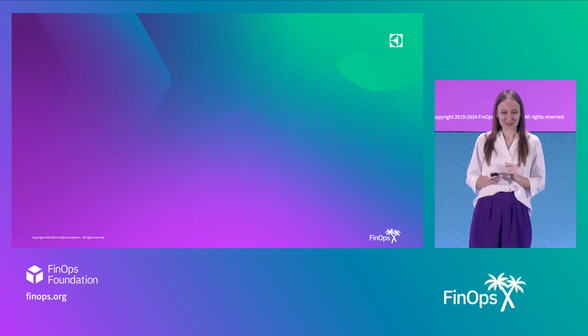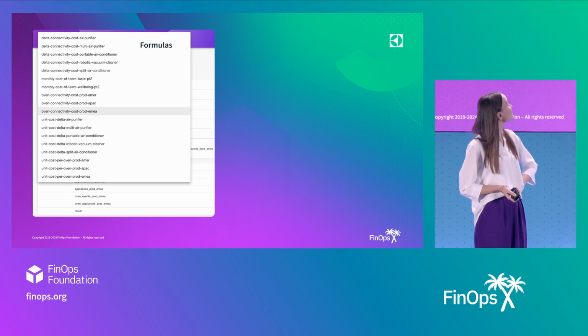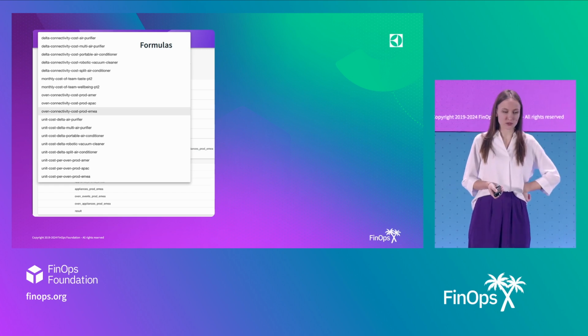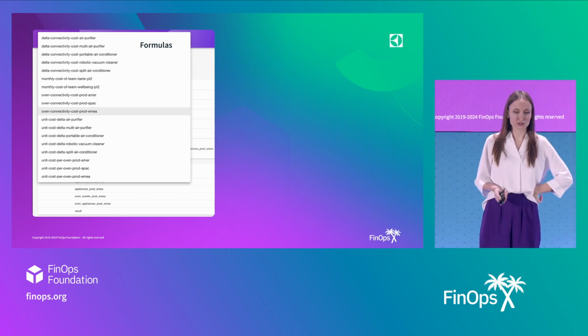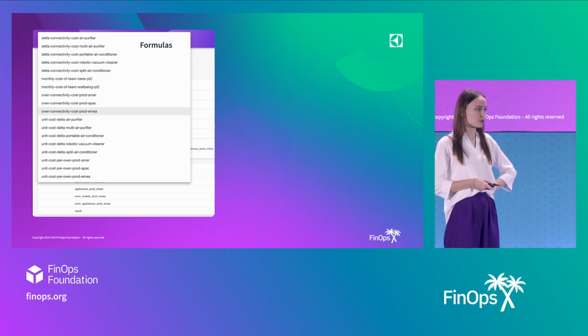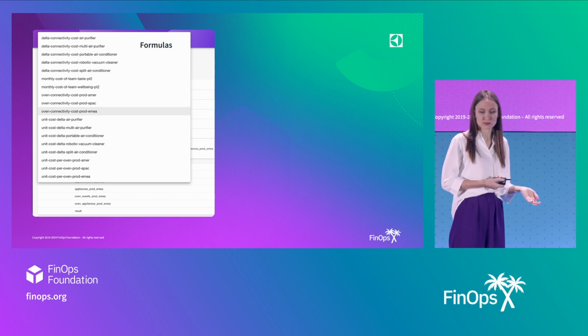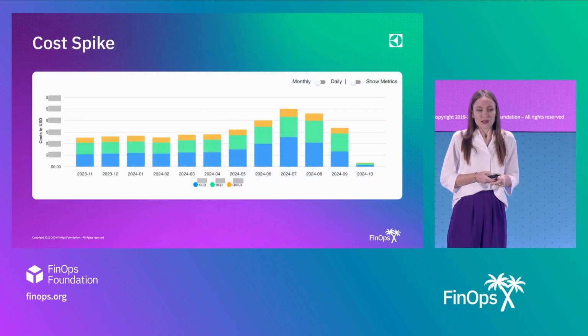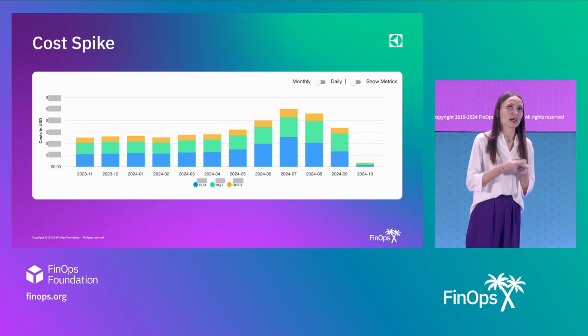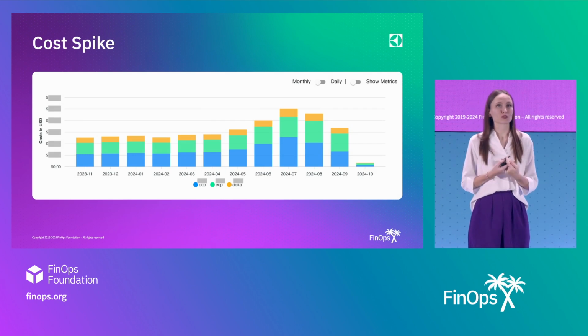Okay, let me see. Yes, this is what we call user-defined formulas. That's another feature of InfraWallet, and I took a snapshot so you would know that's also automated. Then what can you do as a product manager when you look at the cost?